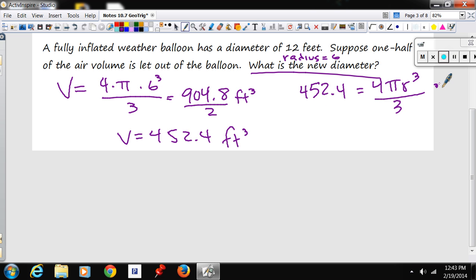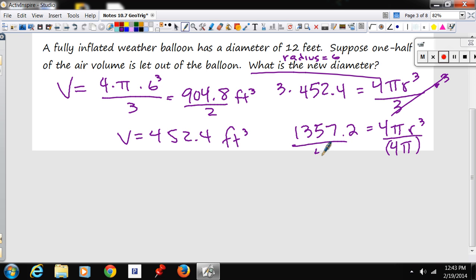So first thing let's do is multiply by 3. So those will cancel out. And let's see, times 3 here. You get 1357.2 equals 4 pi r cubed. And I'm going to divide by 4 pi, but I'm going to put that in parentheses.